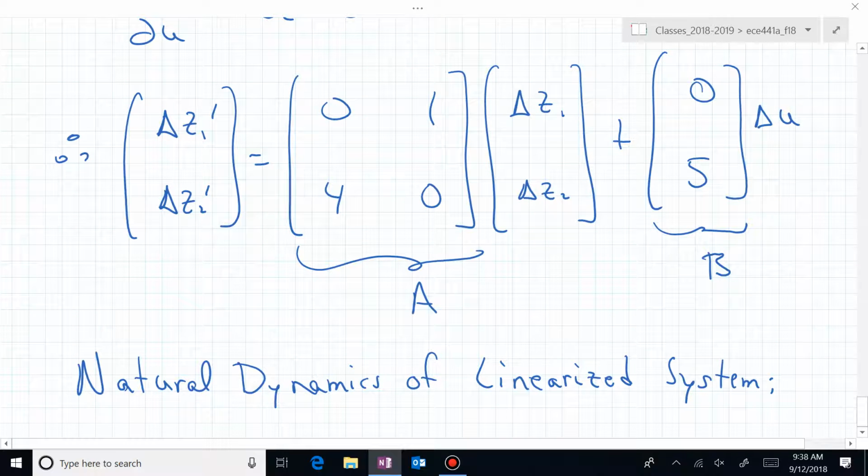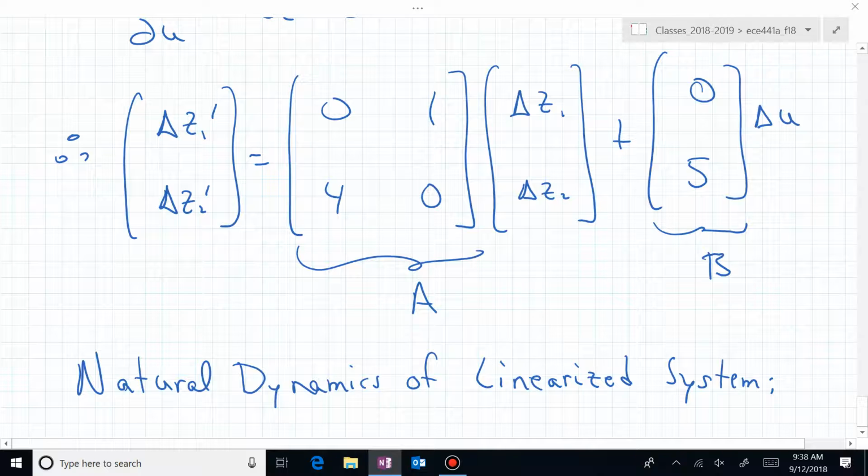Or what governs the natural behavior of this system? Where do you get the underlying dynamical behavior of a linear system? What are you looking for or at?